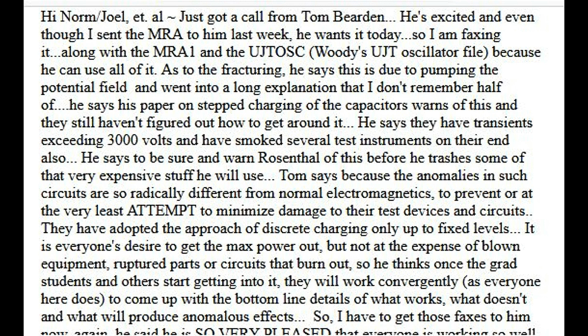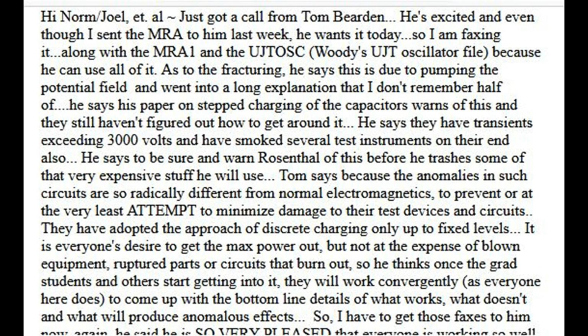He says his paper on step charging of the capacitors warns of this and they still haven't figured out how to get around it. He says they have transients exceeding 3000 volts and have smoked several test instruments on their end also. He says to be sure and warn Rosenthal of this before he trashes some of that very expensive stuff he will use. Tom says because the anomalies in such circuits are so radically different from normal electromagnetics, to prevent or at the very least attempt to minimize damage to their test devices and circuits, they have adopted the approach of discrete charging only up to fixed levels.